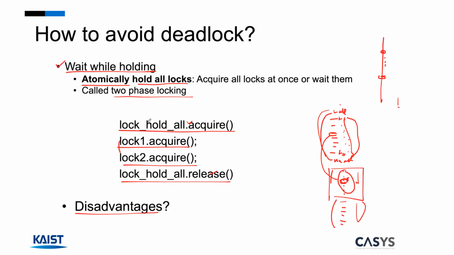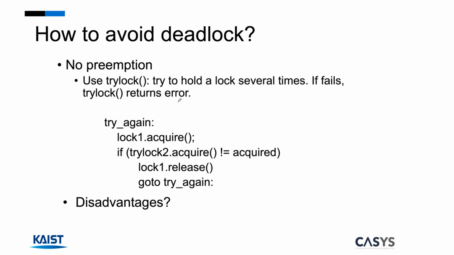But this approach is conservative, so you have to hold the lock from the first time, which limits the concurrency of the code. So it impacts performance. But it works. When things are very complicated, this two-phase locking is a known technique, especially in database applications.